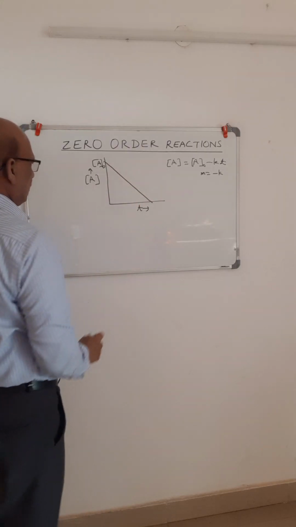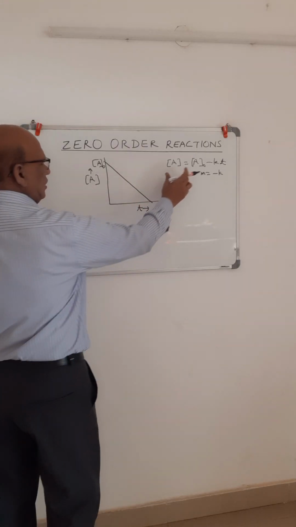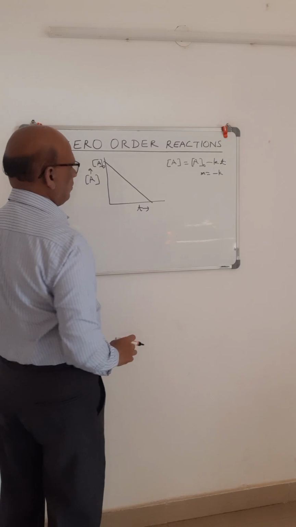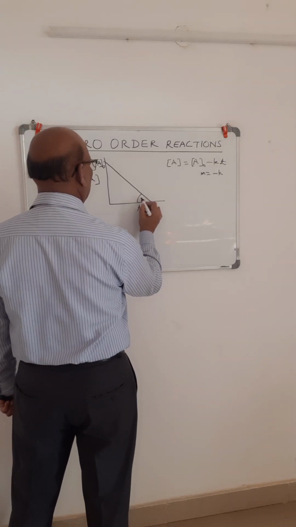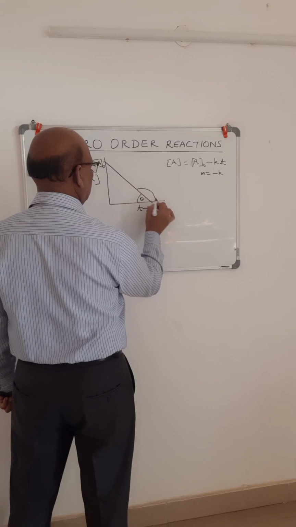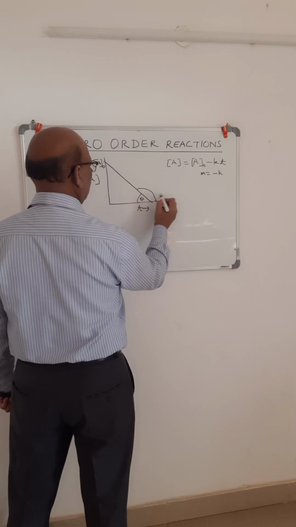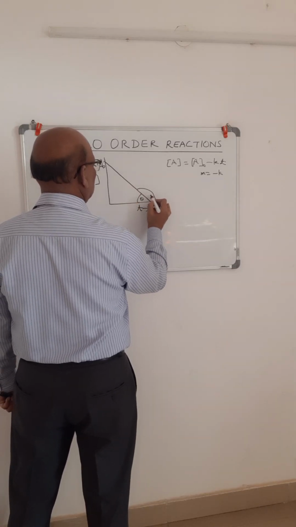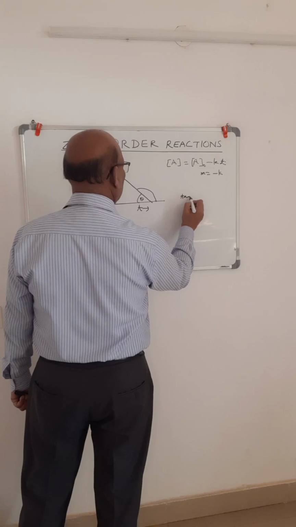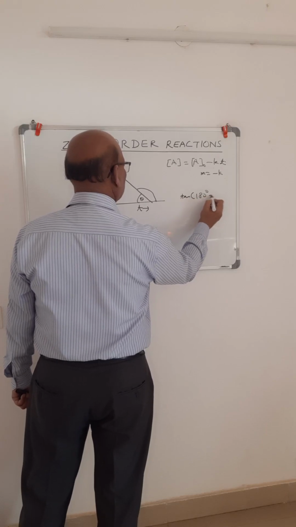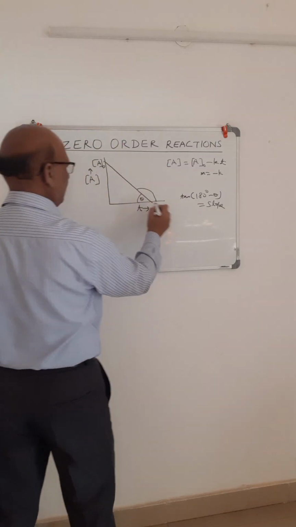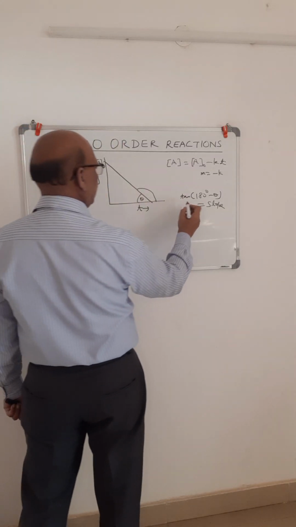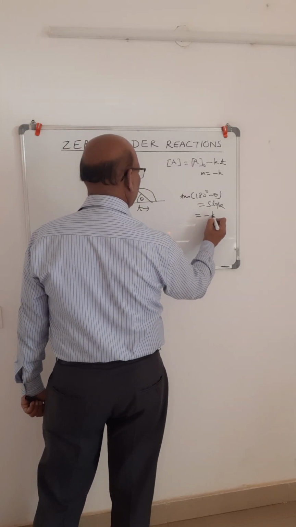So we can say that this is A naught and this straight line represents the integrated rate law for zero order reaction, and suppose this angle is theta, then this is the slope tan theta, so this will be tan of 180 degree minus theta, that will be the slope of this line with x-axis, and the slope will be equal to minus k.